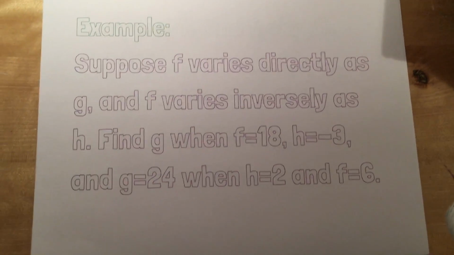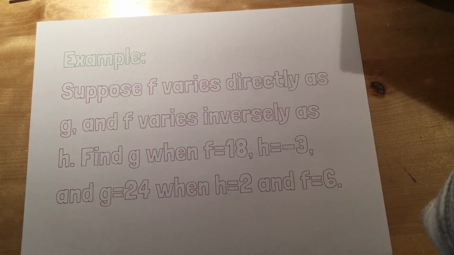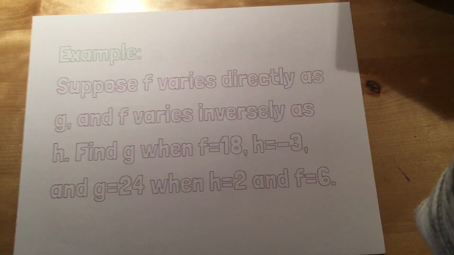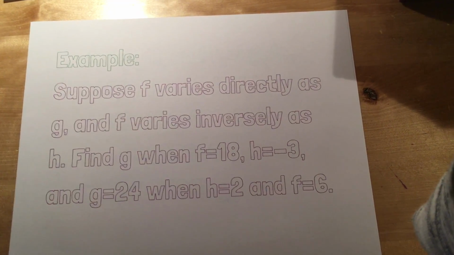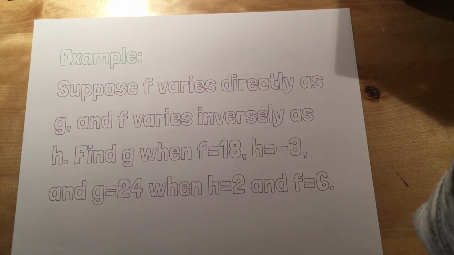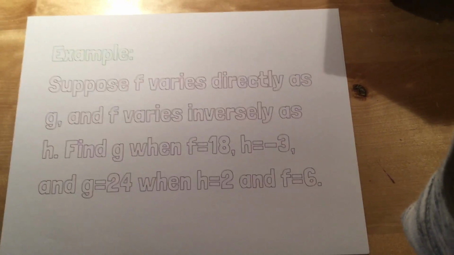Example, suppose f varies directly as g and f varies inversely as h. Find g when f equals 18, h equals -3, and g equals 24 when h equals 2 and f equals 6.